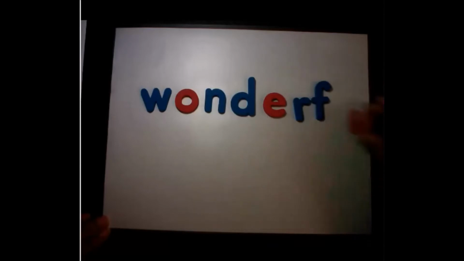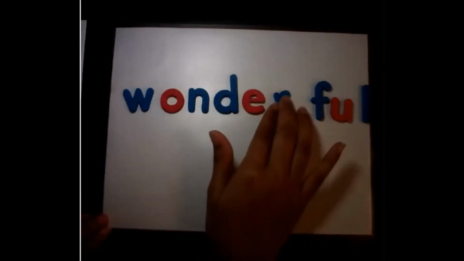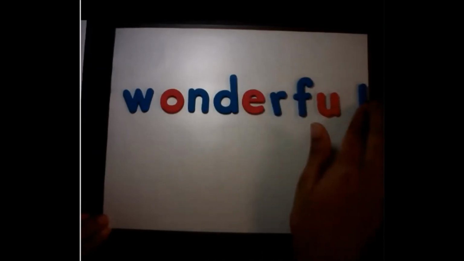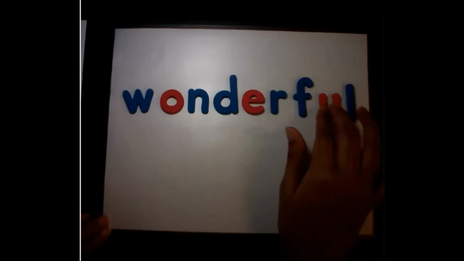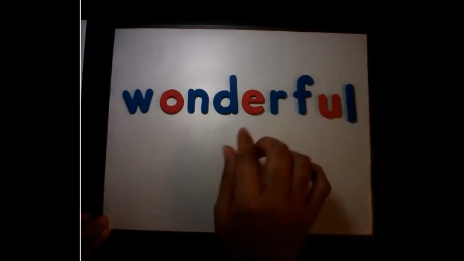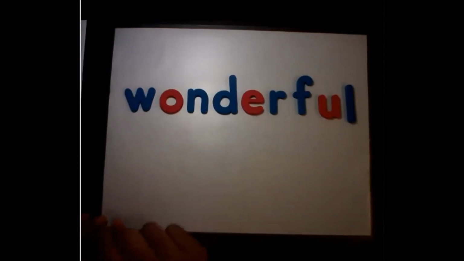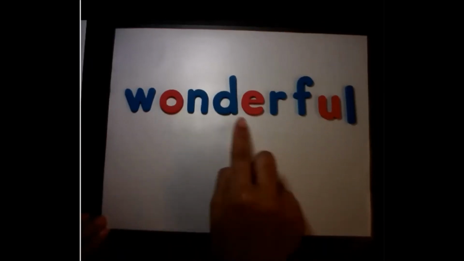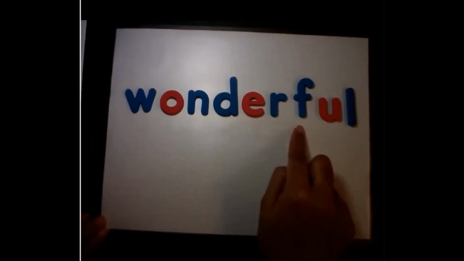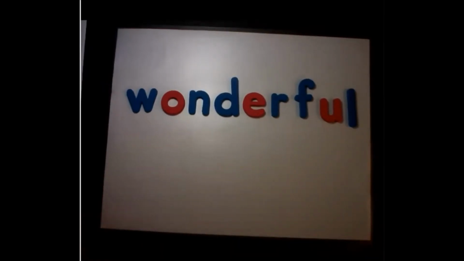Here we have our nice, long, challenging word. I know you guys are wondering, wow, this word is so big. And I bet some of you already know how to say this word. All right, let's go ahead and write this word down. Wonderful. I'm going to give you some time to write it down. I hope you guys are writing.